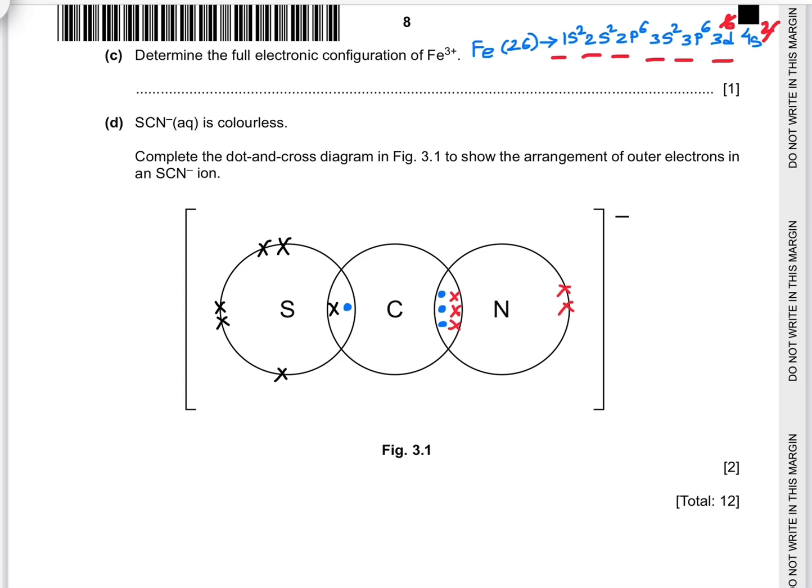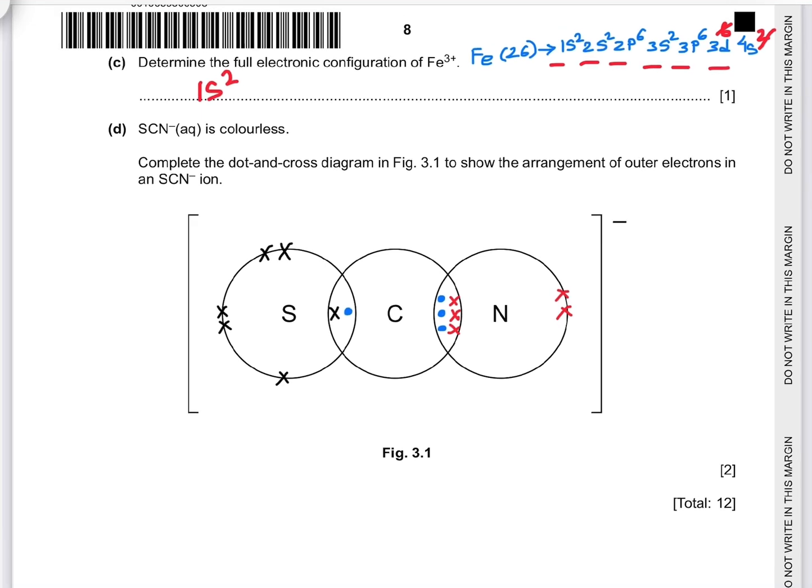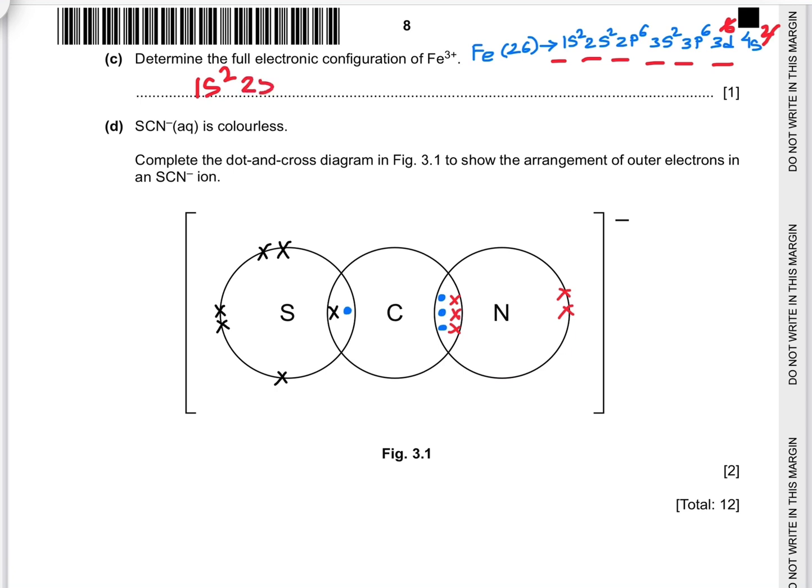So we will write for Fe3+, it will become 1s2, 2s2, 2p6, 3s2, 3p6, 3d5. That's it.